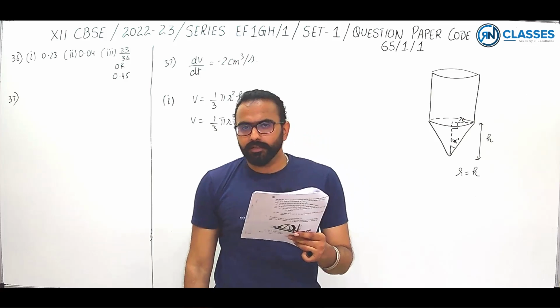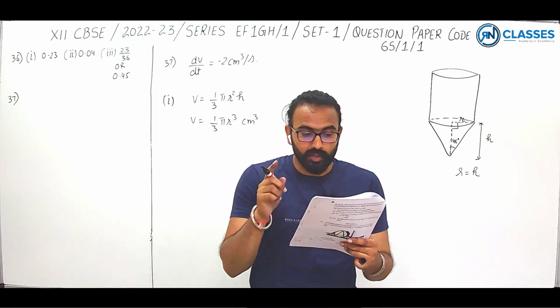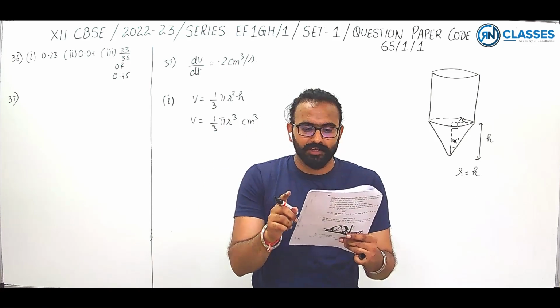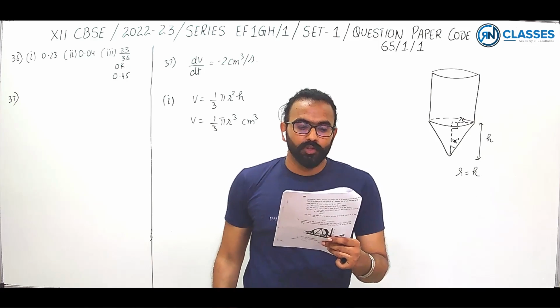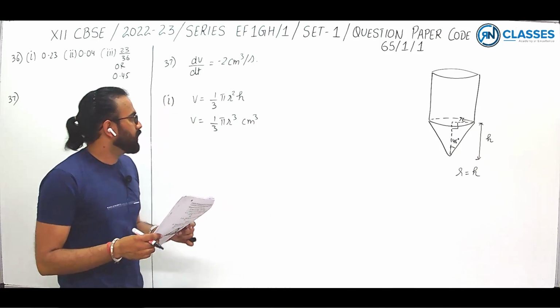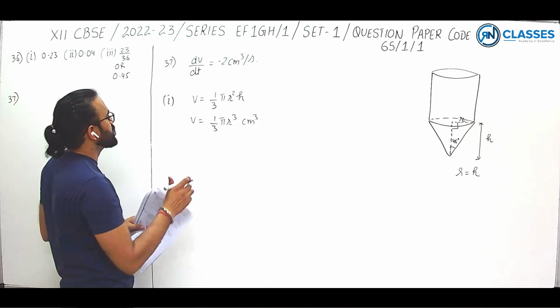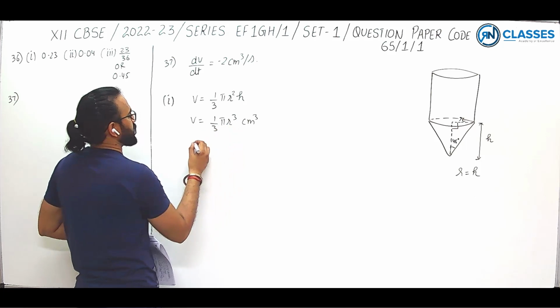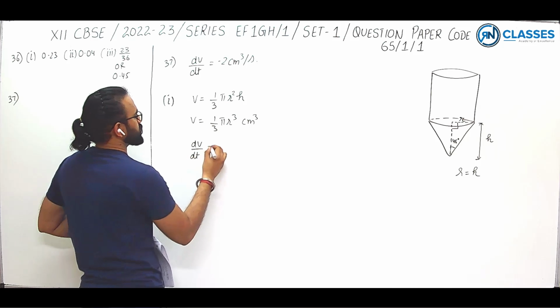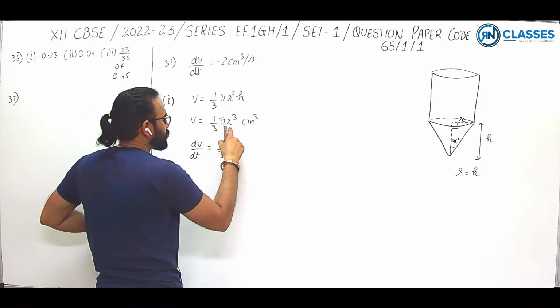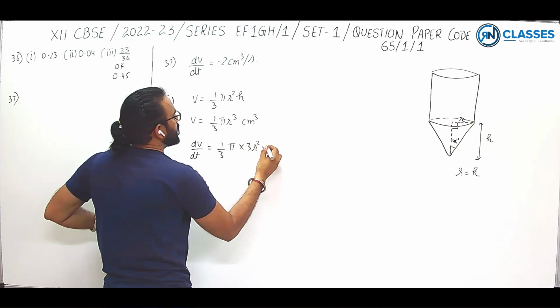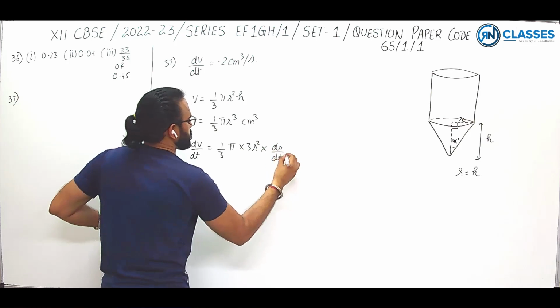The second part says find the rate of change of radius at an instant when r equals to 2 root 2. So to find the rate of change of radius, we need a relationship between V and r. That we already have. So differentiate both sides with respect to t. dV by dt will be equal to 1/3 pi, derivative of r cube is 3r square, and using chain rule, dr by dt.